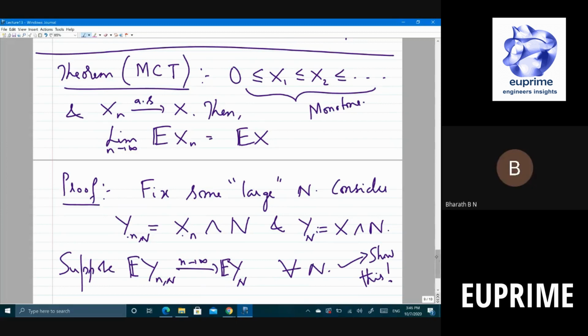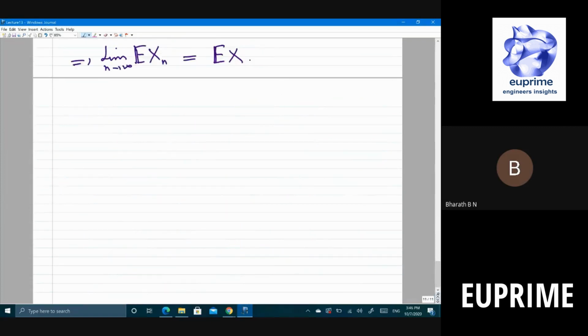Okay, I can do this. I'll write it in different colors. For example, Xn of omega is, let's say, 1 plus e to the power minus n by omega, where omega is between 0 and 2 pi. This is an example.